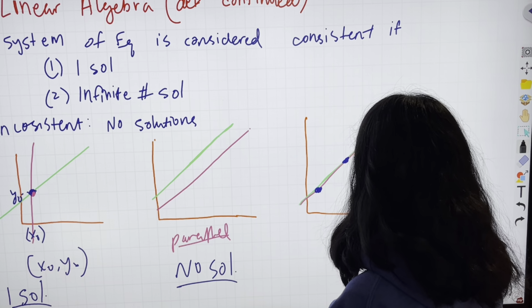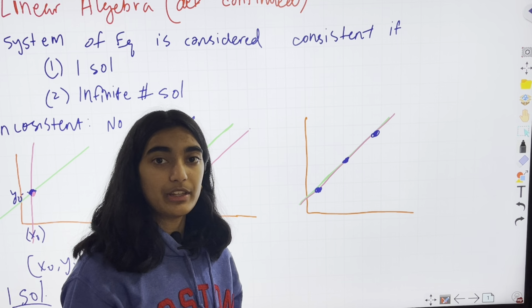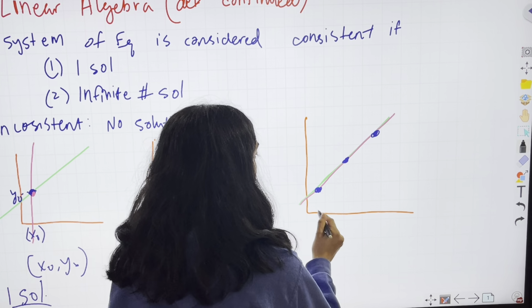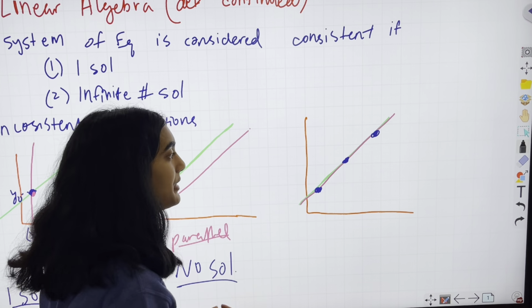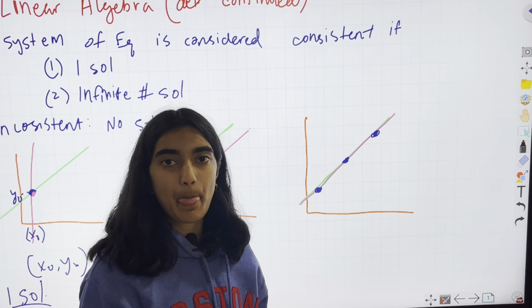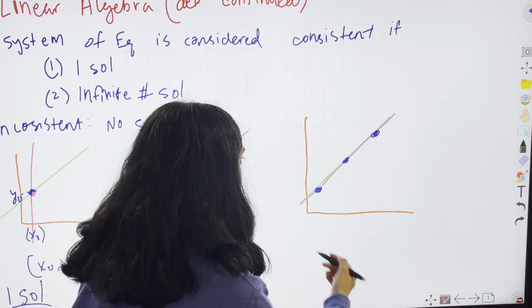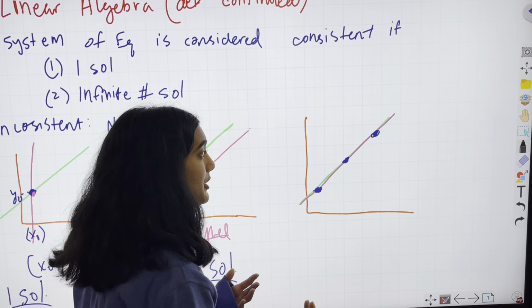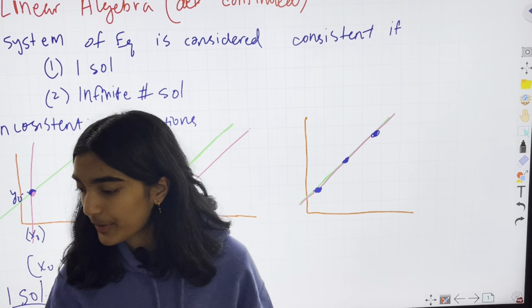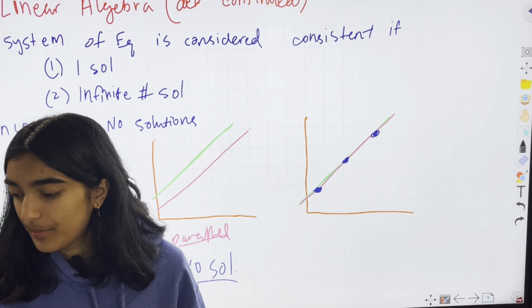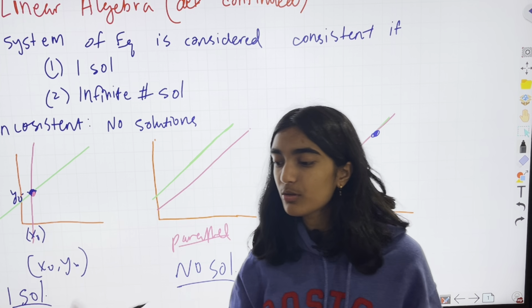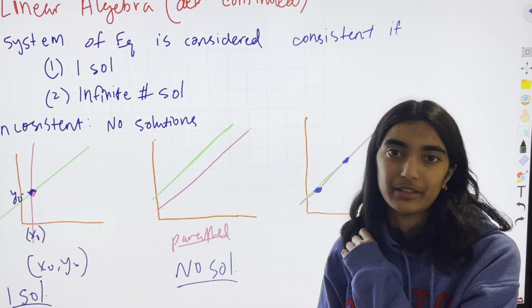If you plug it into each of the equations in this collection of two equations, it's going to be true. Okay, so that's why a system of linear equations either has no solutions, exactly one solution, or infinitely many.